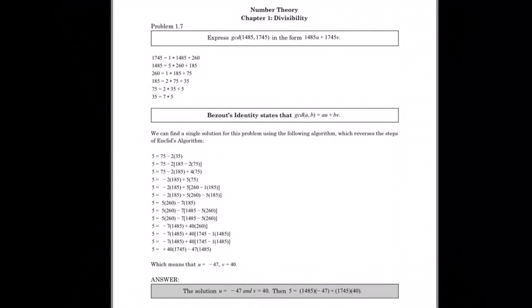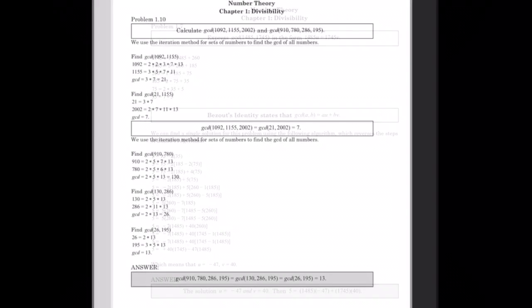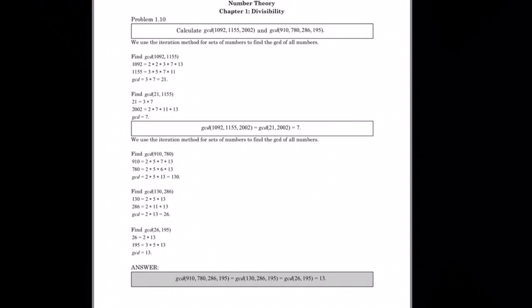And in the end, you'll have the original 2 factors of a and b, now with left factored u and v. And the last line is 5 equals 40 times 1745 minus 47 times 1485. Therefore, the solution u equals negative 47 and v equals 40 will satisfy this a and b.